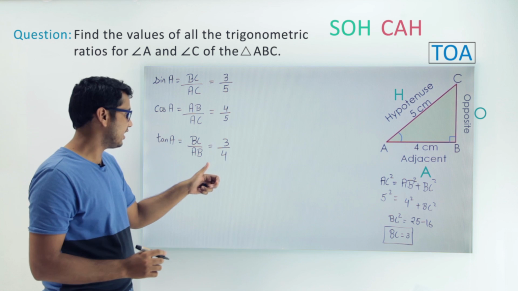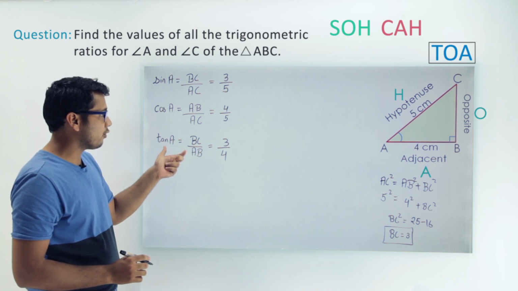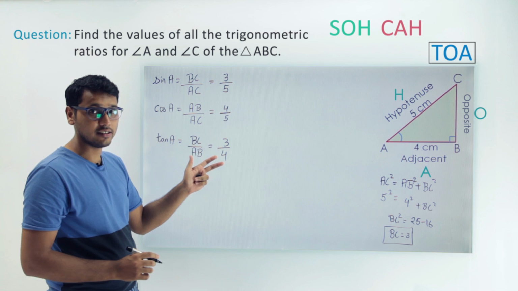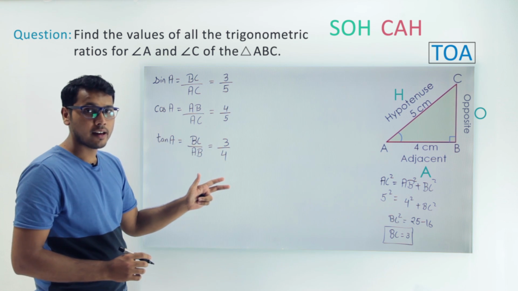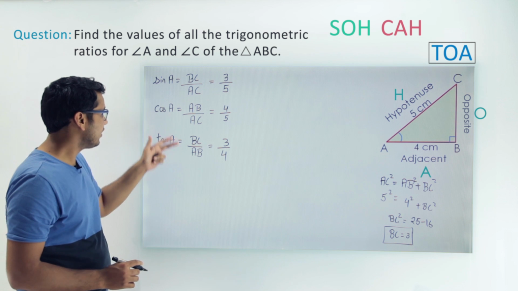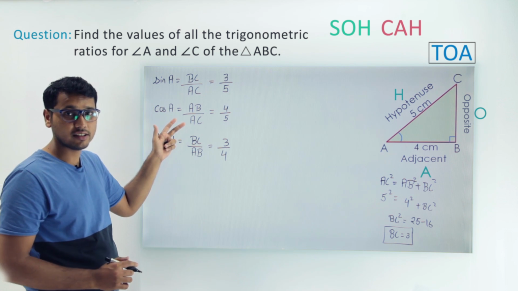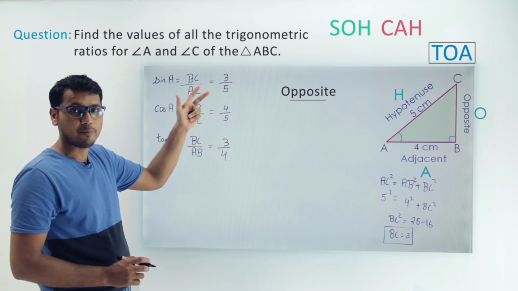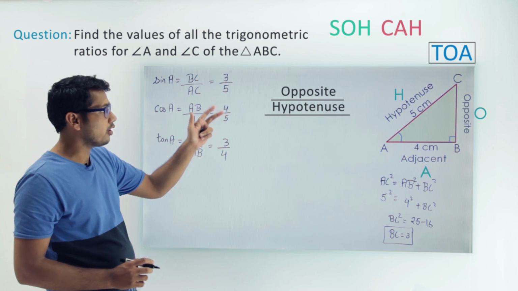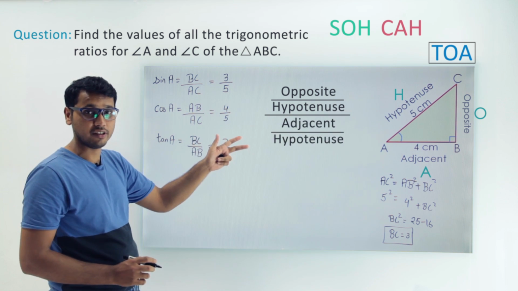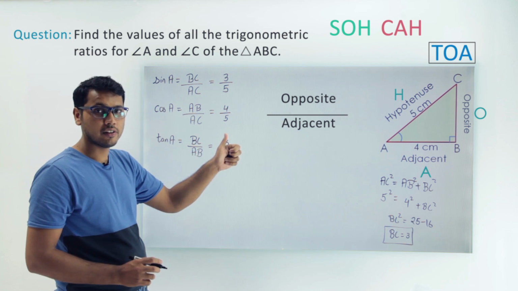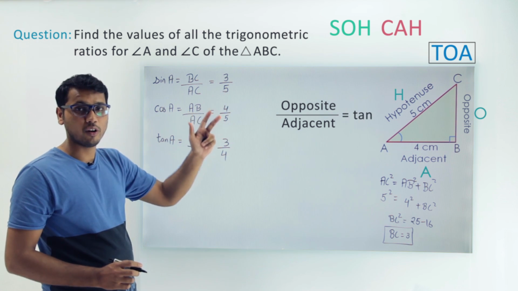Now we saw that tan A was opposite upon adjacent by using TOA. You can also see that if you divide sin A by cos A, that is opposite upon hypotenuse, whole upon adjacent upon hypotenuse, the hypotenuse will cancel out and we will get opposite upon adjacent.